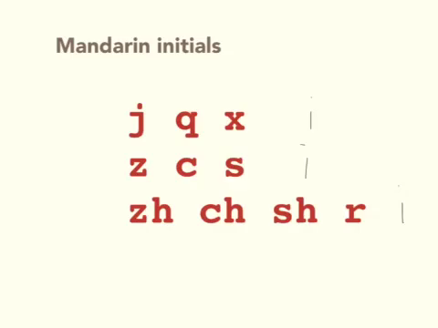It kind of sounds like the sound you get in measure, zh. It's a little different than that, maybe a little more R-ish. Listen for that. It's got a little bit of friction, but it's voiced, and it's really far back in the mouth, with your tongue kind of arched. So, zh, ch, sh, r.